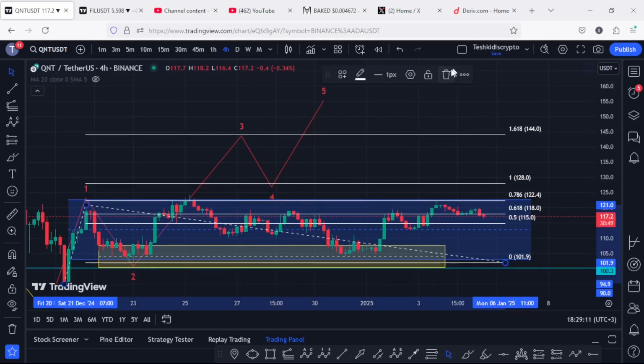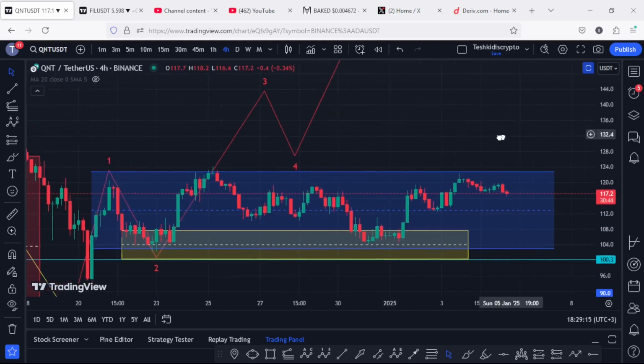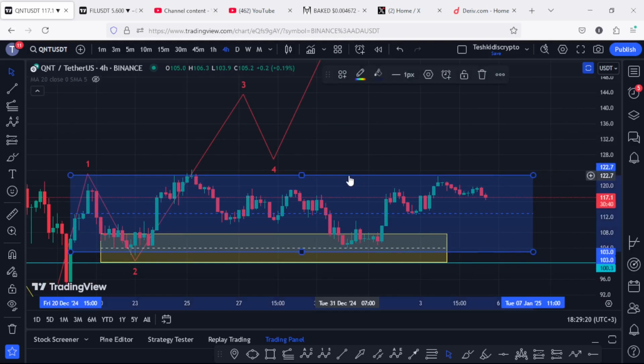We also need to have in mind that we have been stuck in much of a consolidation zone over here that I have marked on the charts using this blue channel, which lies between the $122.7 and the $100 and the $103, an area that is now giving us a rejection on the upper side of the channel.